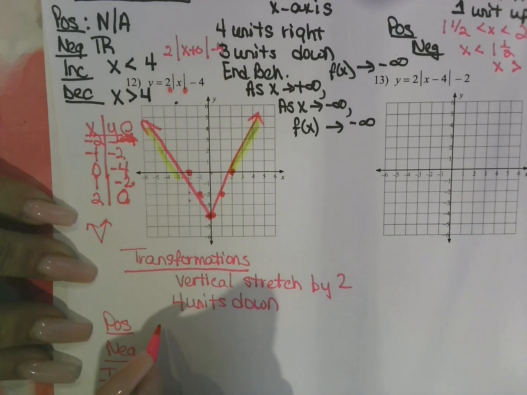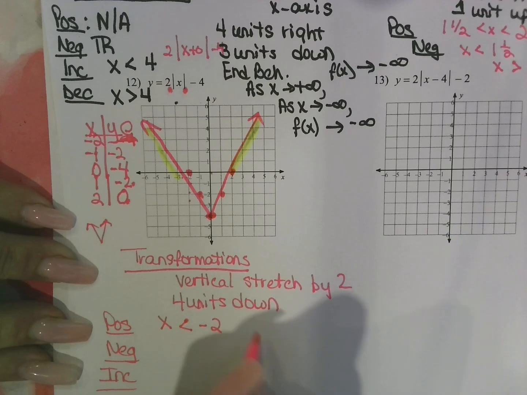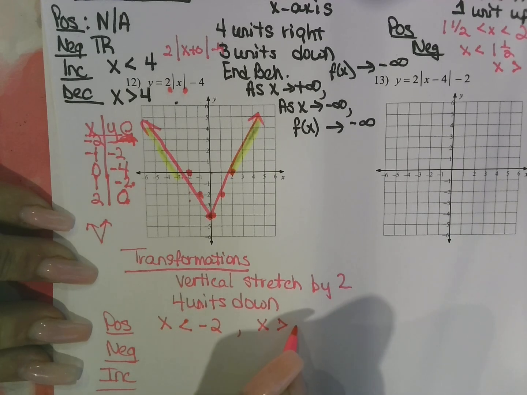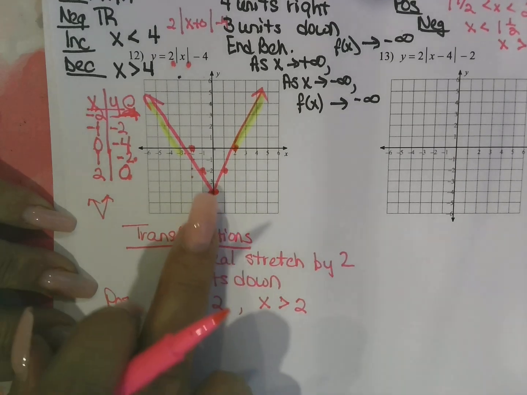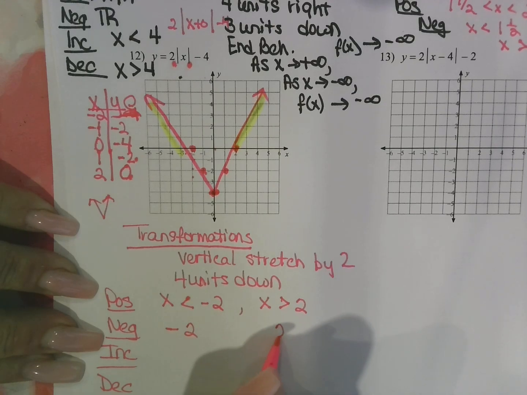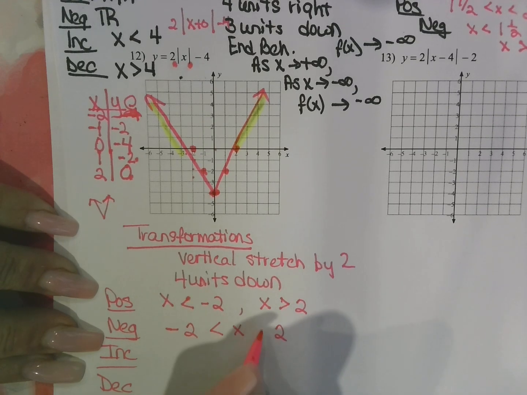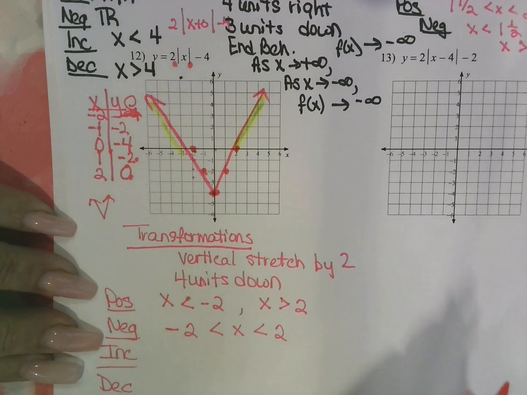So this thing is positive when x is less than -2. It's also positive when x is greater than 2. And it is going to be negative between -2 and 2.